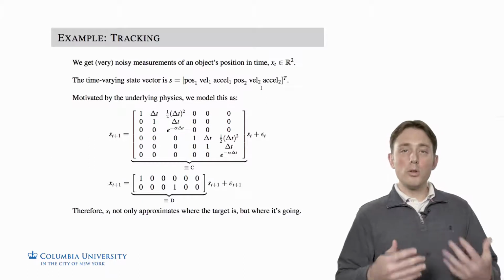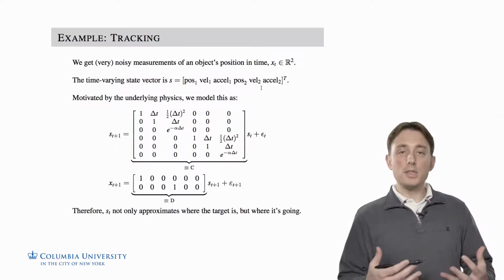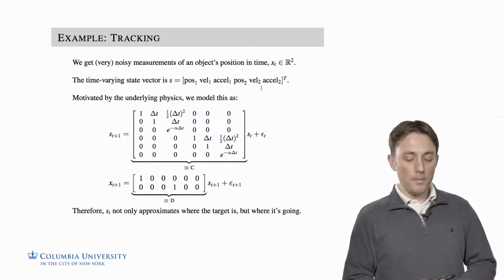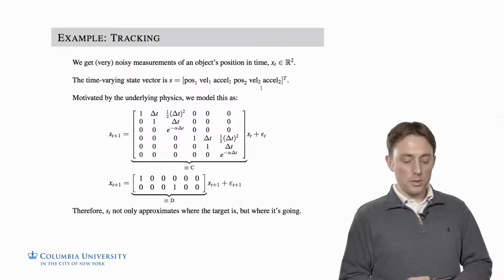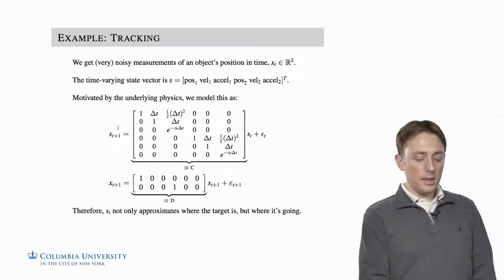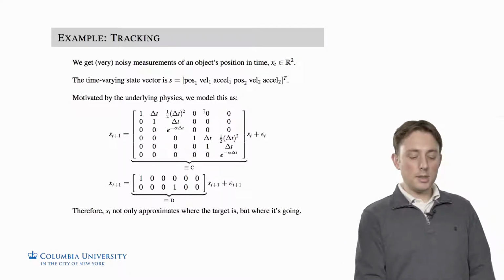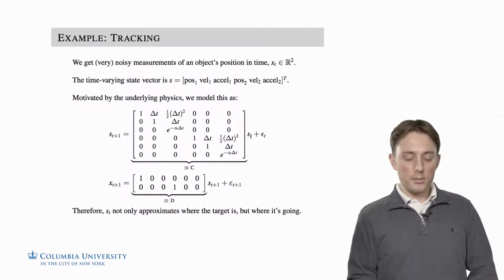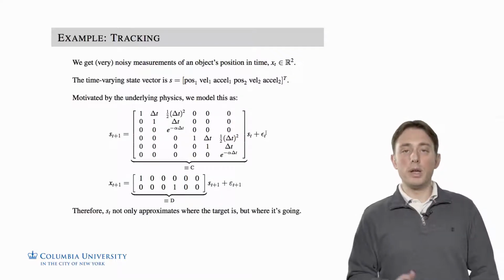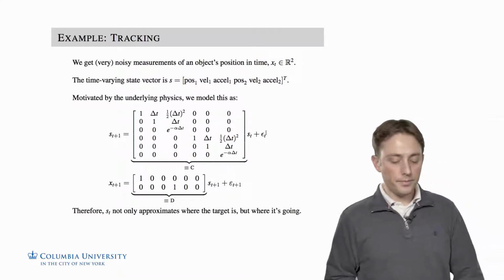Okay, so now motivated by the underlying physics of the problem of motion, we model this as follows. We say that the state vector at time t plus 1 is equal to this matrix C times the state vector at time t plus some random perturbation.